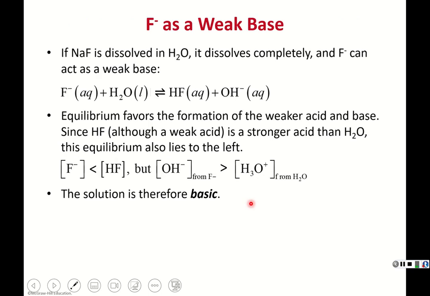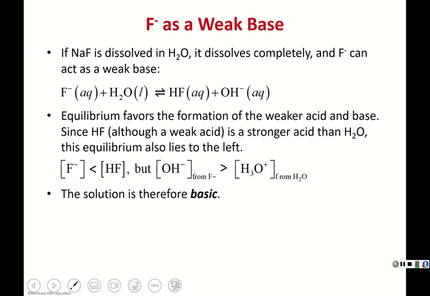What if, instead of HF, we used NaF? We dissolved NaF in water. It dissolves completely because it's a strong electrolyte. And F minus then, without having the hydrogen on it, is acting now like a base. So in solution, F minus can pick up a proton from water, make HF, and then it produces OH minus.